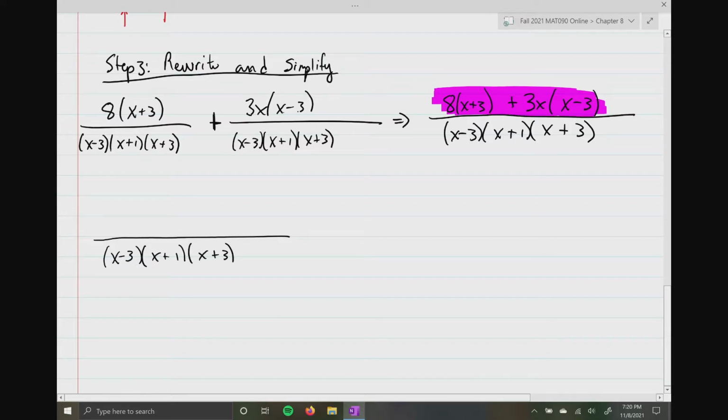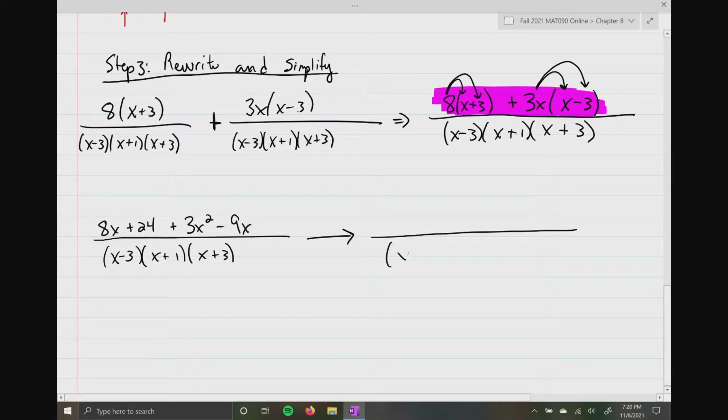Now, let's distribute. 8 times x is going to be 8x. 8 times positive 3 is plus 24. 3x times x is plus 3x squared. And then 3x times negative 3 is going to be minus 9x.